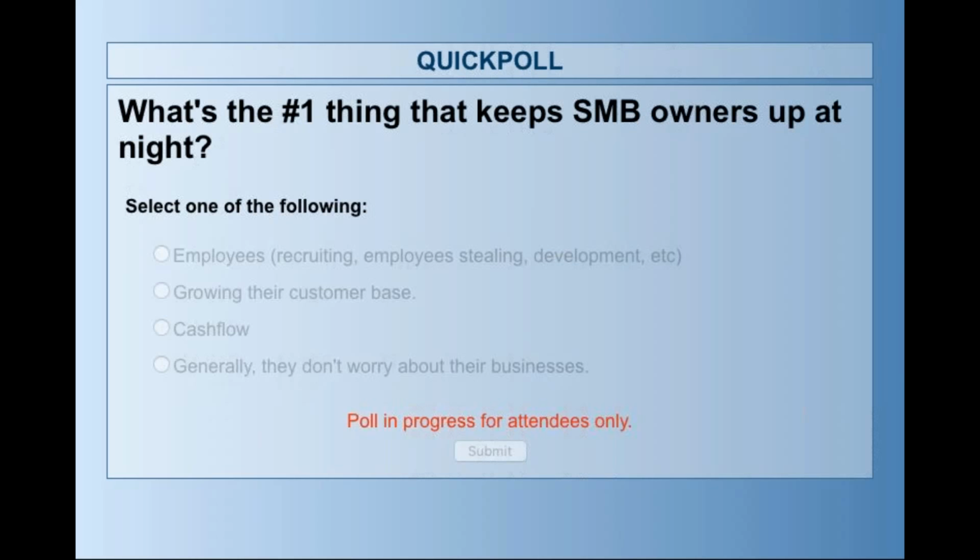Some businesses have a DSO of around 30. That means they're being paid within 30 days after the due date of their invoice. That's not great, but it's okay. The average small business in the US has a DSO of 60 plus. And it varies a little bit from B2B to B2C.